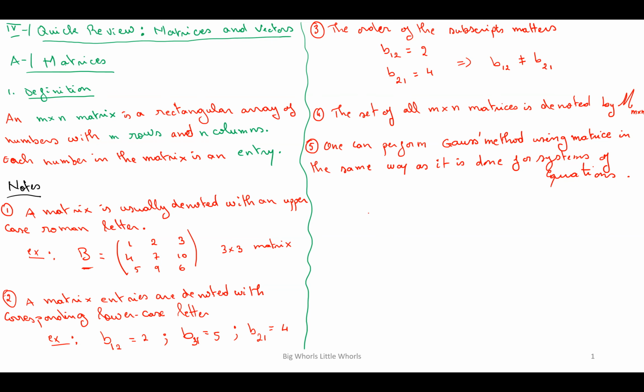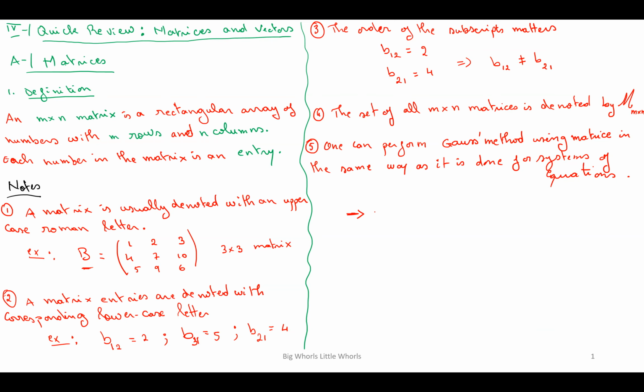Here are the concepts we need to keep in mind: leading entries and the echelon form. Leading entry is the same as the leading variable when we discussed systems of equations.